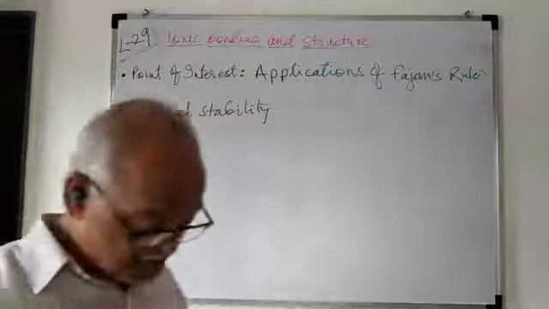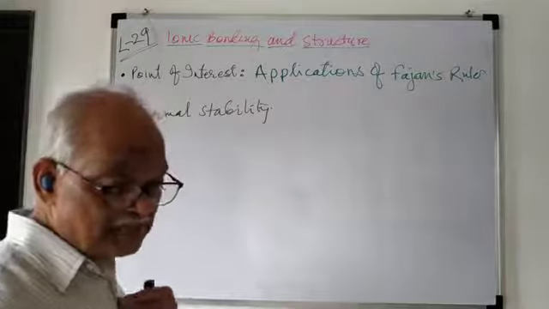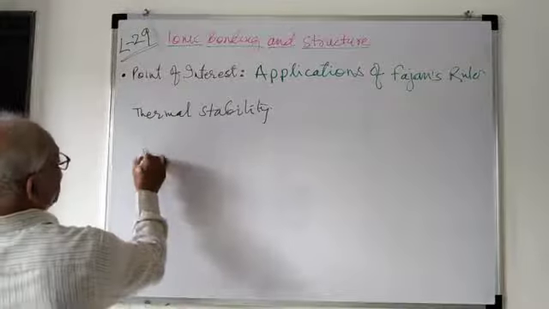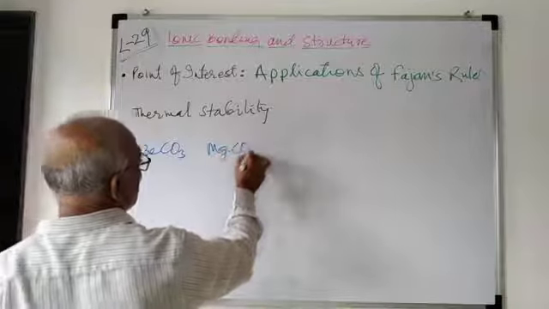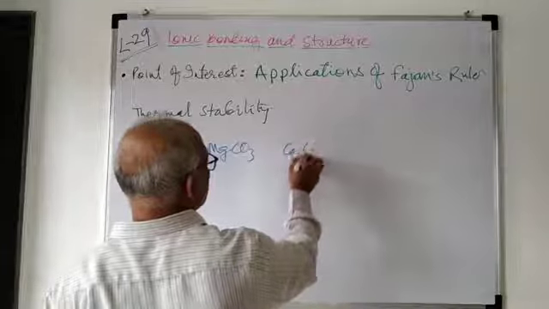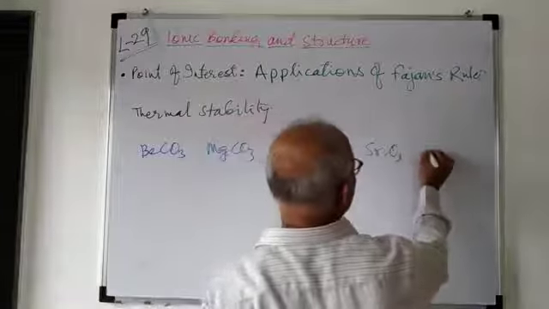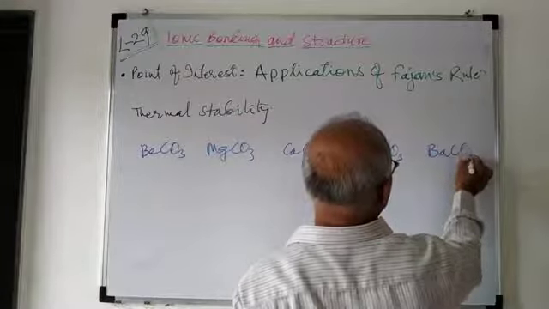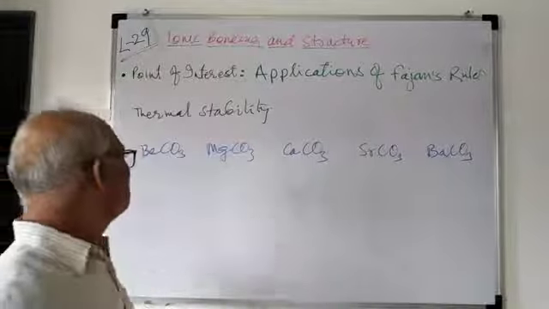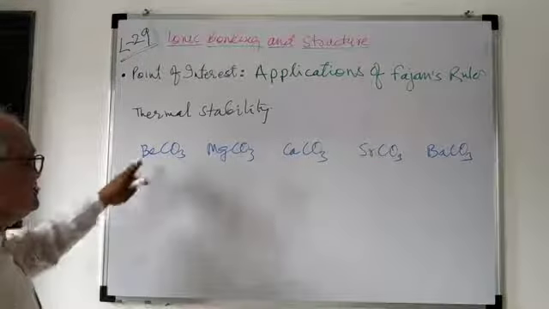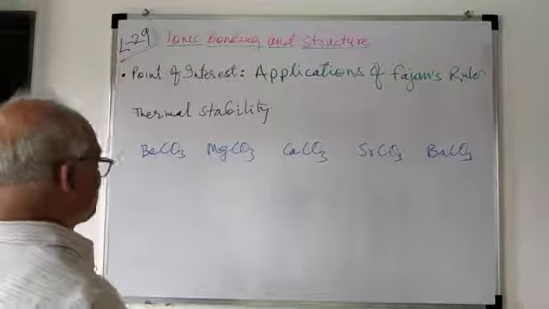We will see the examples BeCO3, MgCO3, then CaCO3, SrCO3 and BaCO3. These are the carbonates of various metal ions, that is, alkaline earth metals.